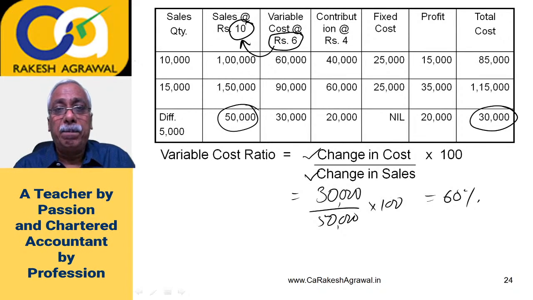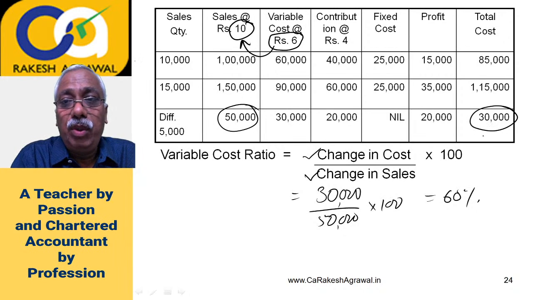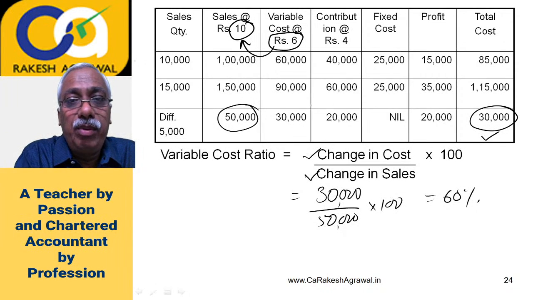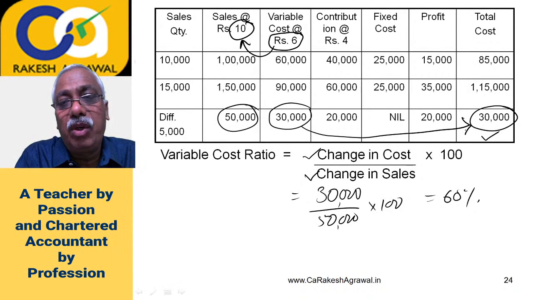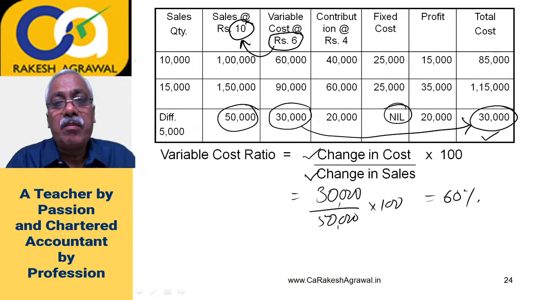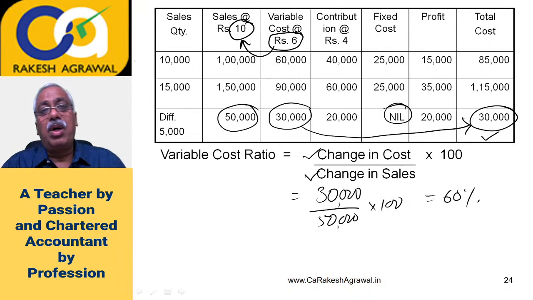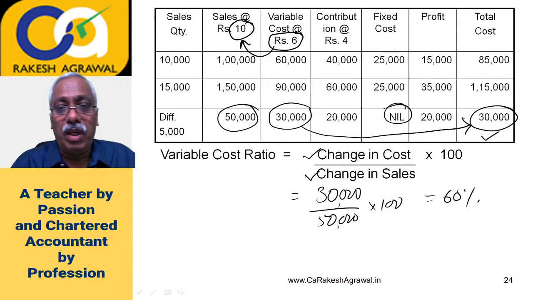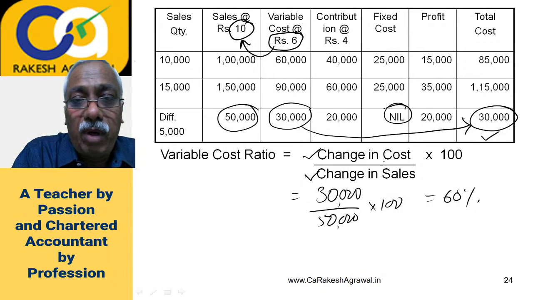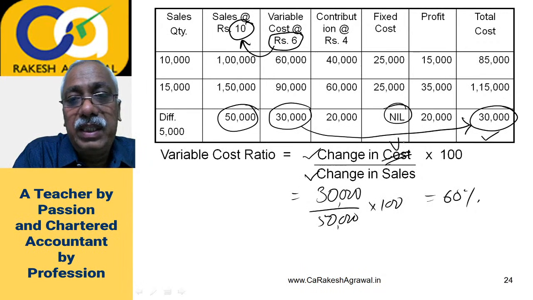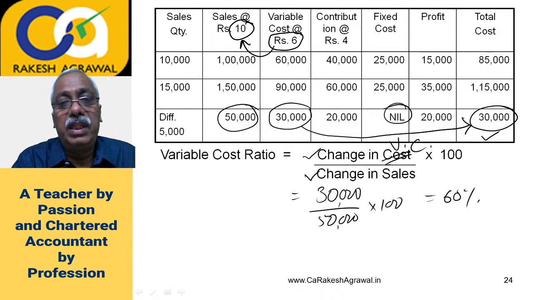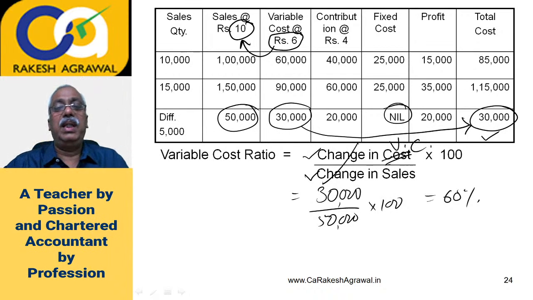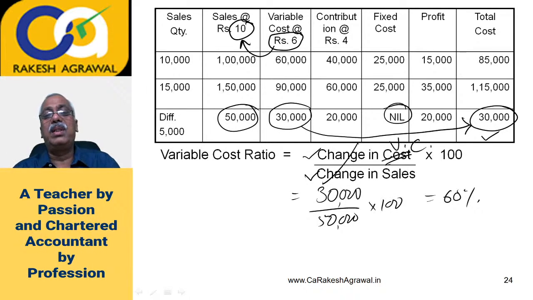Now once again, this change in total cost is attributable to change in variable cost. Only variable cost changes with change in output. Fixed cost doesn't change. So change in variable cost is the reason for change in total cost. So in the formula, if I say change in variable cost upon change in sales and I delete the word change, it will become variable cost upon sales into 100.